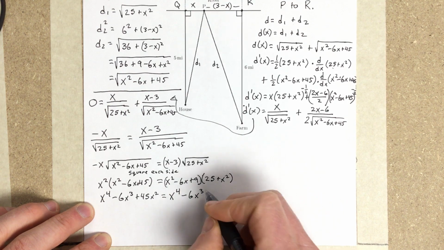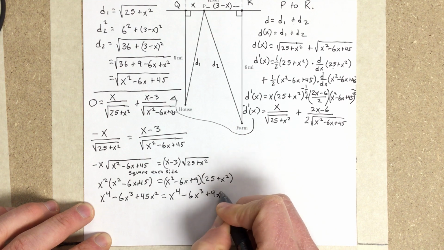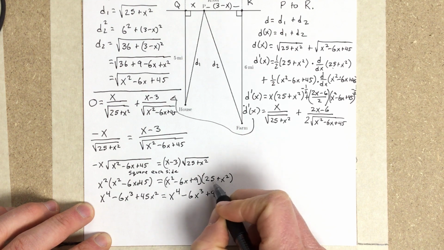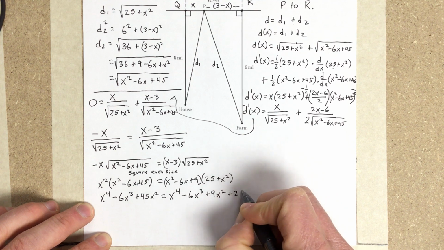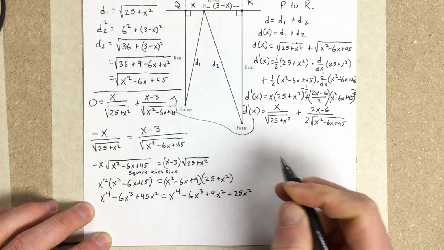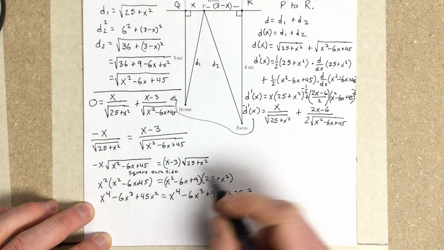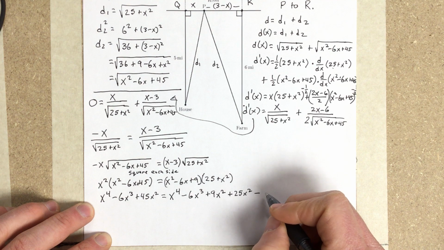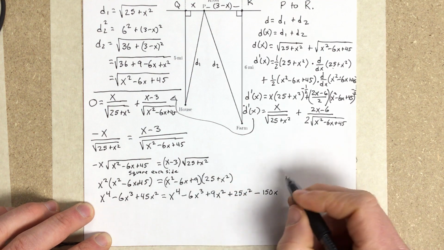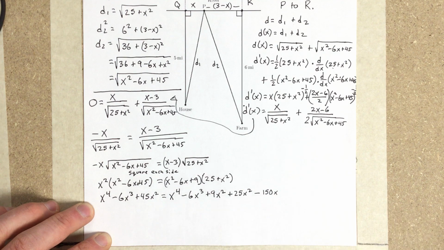X squared times 9 will be plus 9x squared. And 25 times x squared will be plus 25x squared. 25 times negative 6x will be negative 150x, and 25 times 9 will be 225.